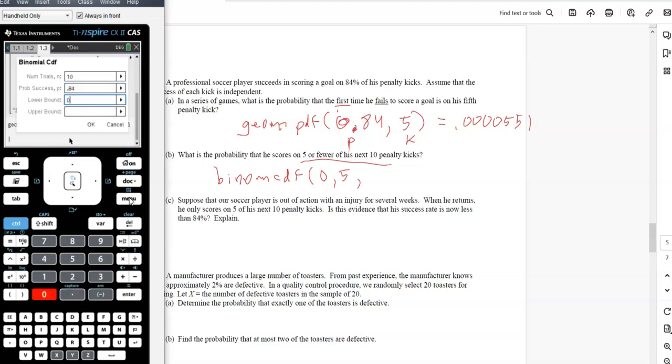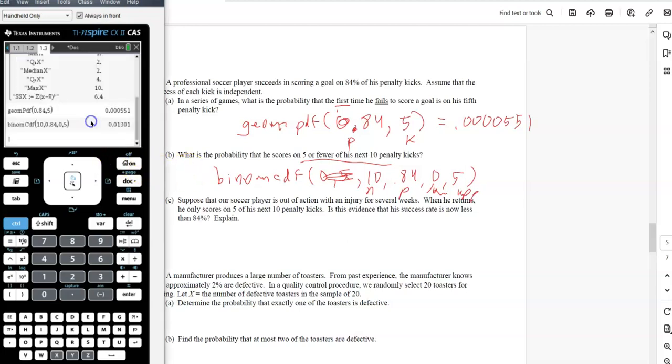Lower bound is 0, upper bound is 5, and it should do that for us. So I guess I had the order wrong. It should be 10, comma 0.84, comma 0, comma 5, where this is the lower, this is the upper, this is the probability of success, and this is the number. And we should get an answer when we say OK. This is 0.01301.